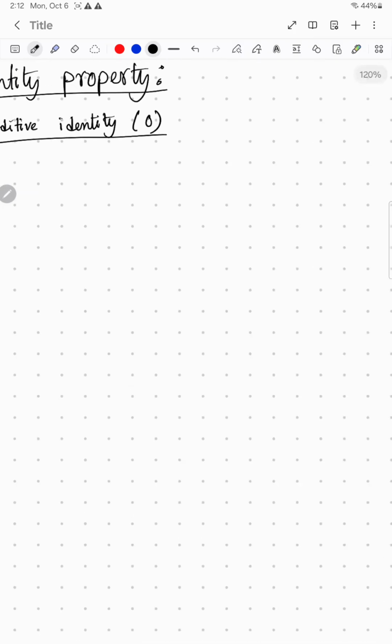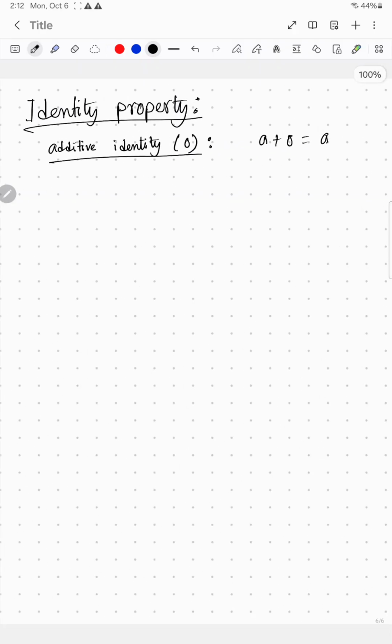The additive identity is just 0. It says a plus 0 is a itself.